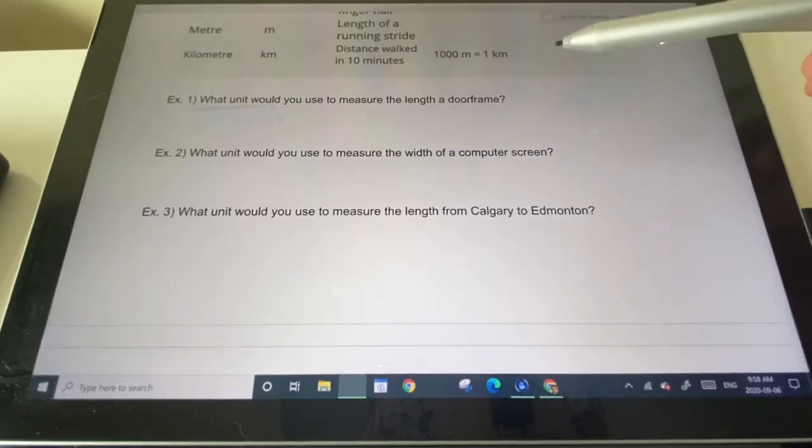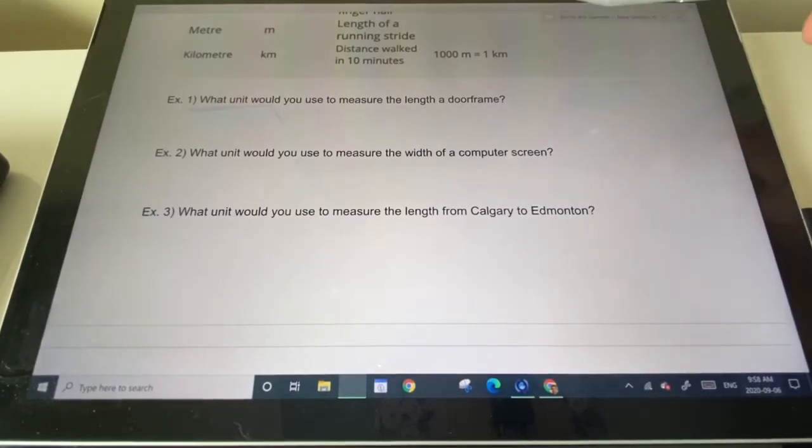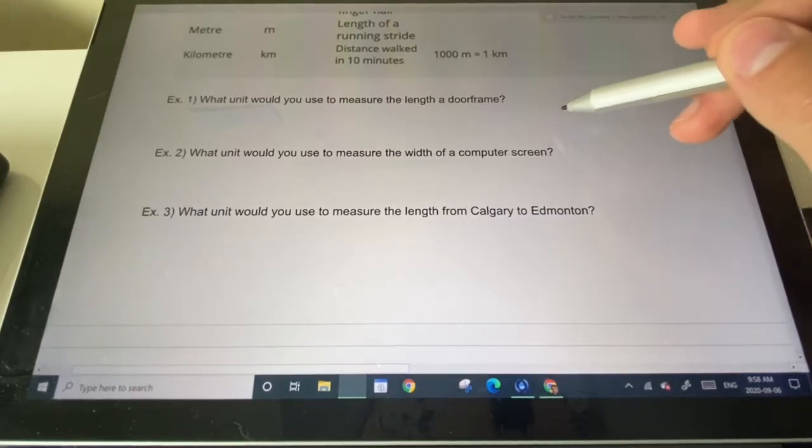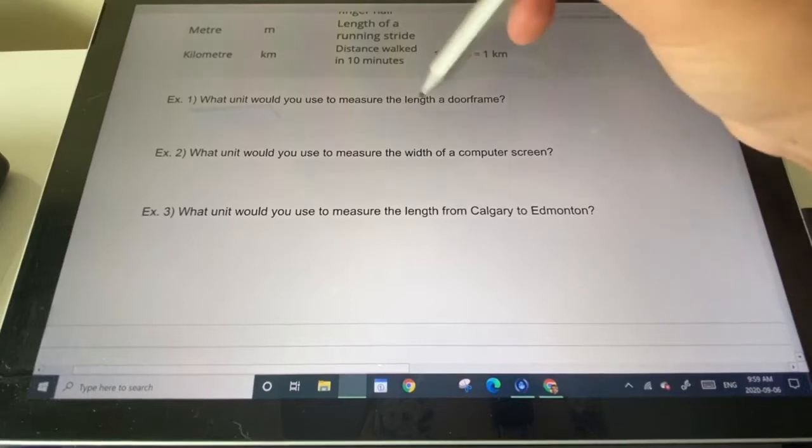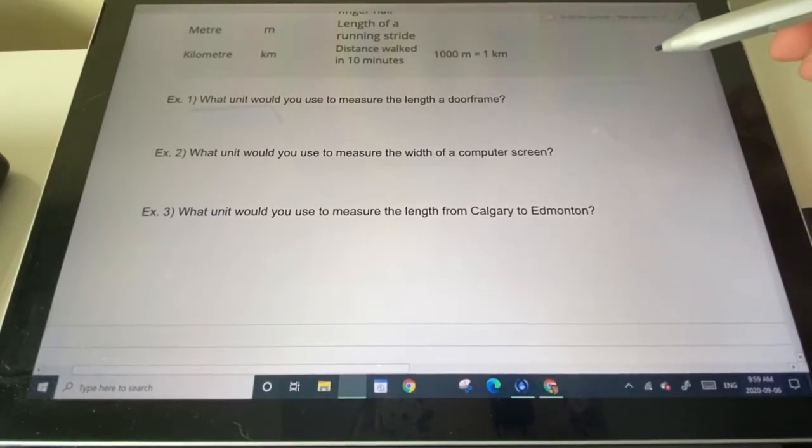Now, that being said, sometimes you are going to be able to argue two different ones. Like a yard and a meter, those could technically be interchangeable. So there's sometimes more than one answer. But if you're way off, you also want to think about how the increments are changing. For a door frame, what would you use to measure the length of a door frame?